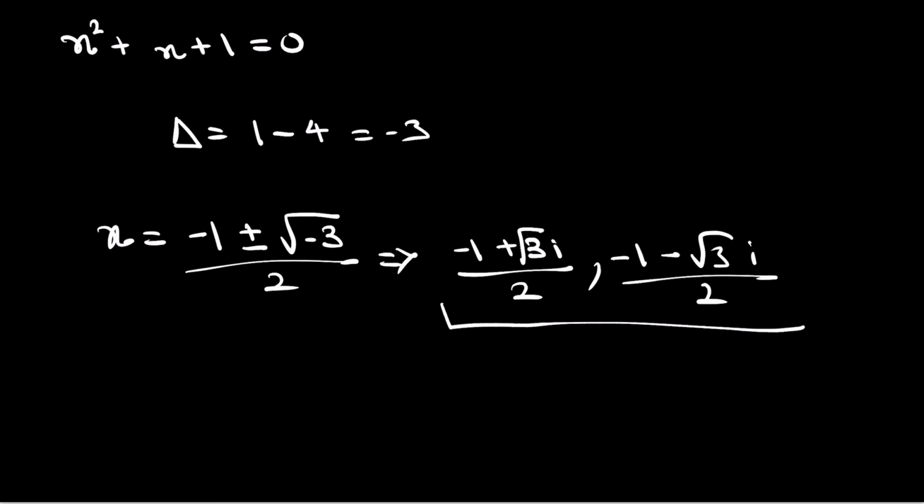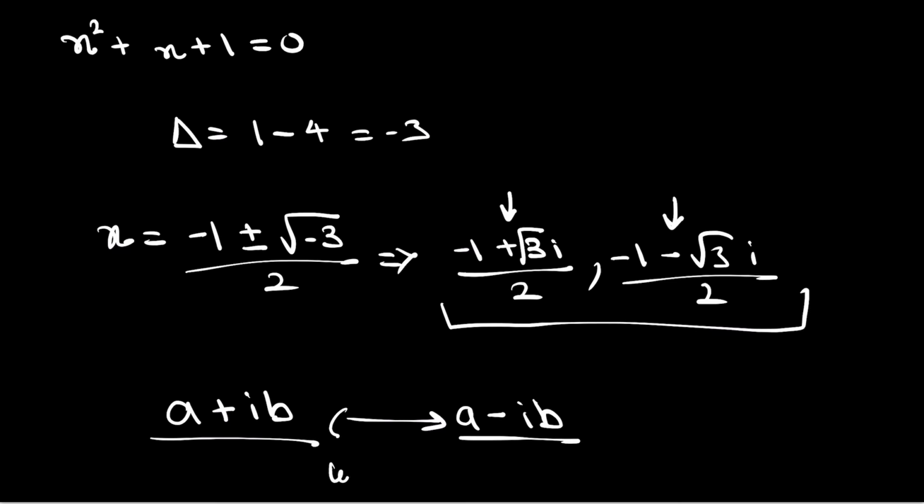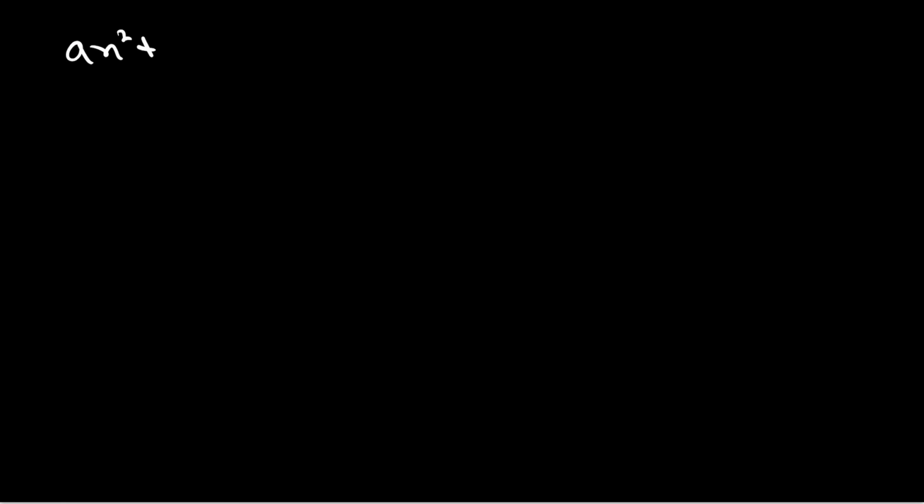Now these, if you look closely, are complements of each other. What complement means in terms of imaginary numbers is, if I have a number of the form a plus ib, then a minus ib will exist, and these are complements of each other, and these are roots of a quadratic equation always. So for an equation ax square plus bx plus c equal to 0, if I have a root a plus ib, then the second root has to be necessarily a minus ib.